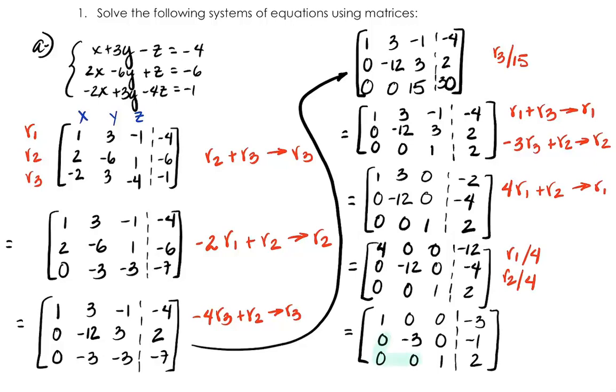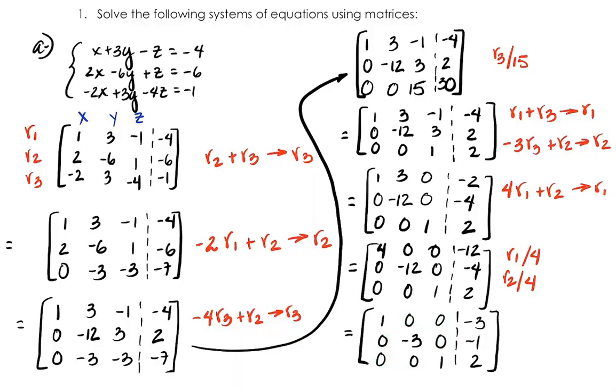Now that we have zeros in the corners, we can find the values of x, y, and z. According to the first row, the x coefficient is 1, so we can say that x equals negative 3. The y coefficient is negative 3, so we say that negative 3y equals negative 1.